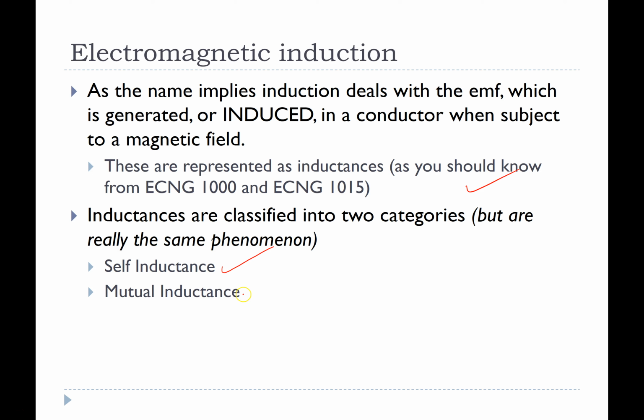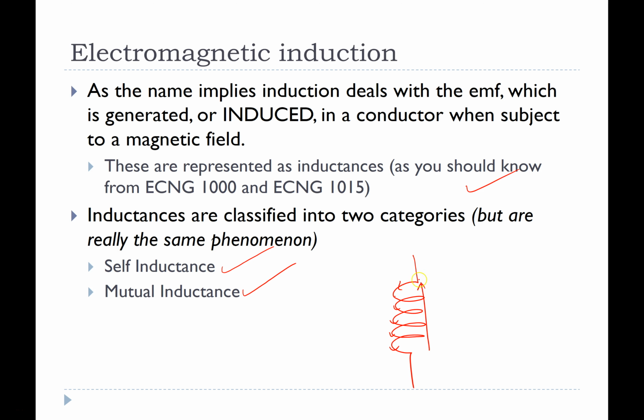increases. For the transformers, what we look at is mutual inductance, and for mutual inductance it is really the same category, except now you're not looking at the back EMF induced in a coil by a current flowing through that same coil, which is what you look at for an inductor. You have a coil of wire and the current flowing through it causes a back EMF to build up.